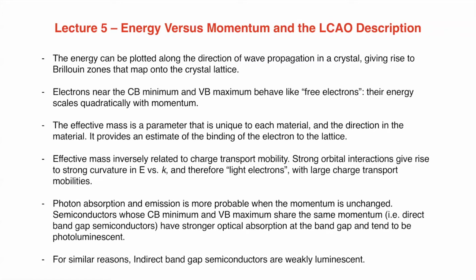So near the conduction band minimum and valence band maximum, it's a reasonably good approximation that electrons behave like free electrons, where their energy scales quadratically with momentum.